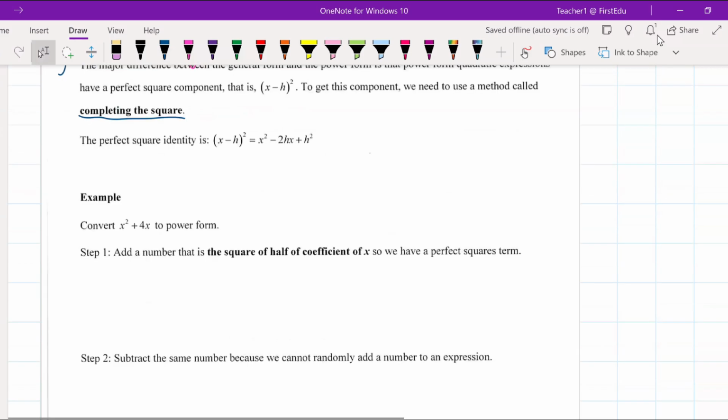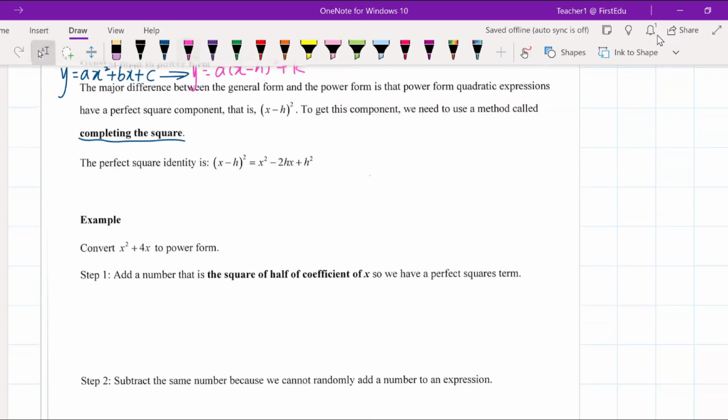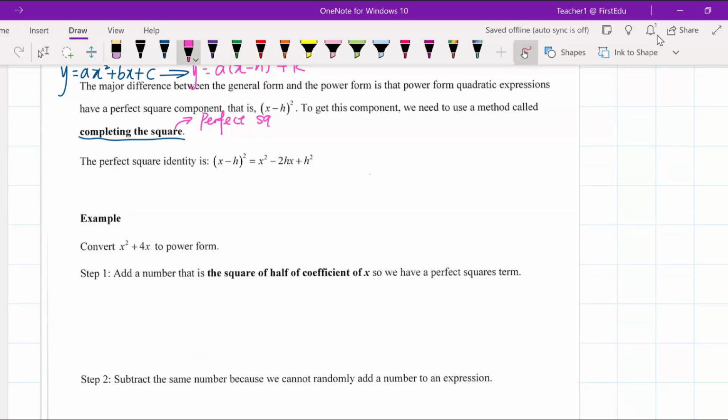Complete the square means the perfect square, which is (a plus b) squared equals a squared plus 2ab plus b squared, and also (a minus b) squared equals a squared minus 2ab plus b squared. So if you haven't seen this before, make sure you copy that down. That's very important as well.